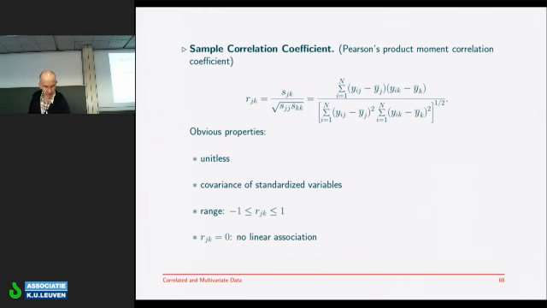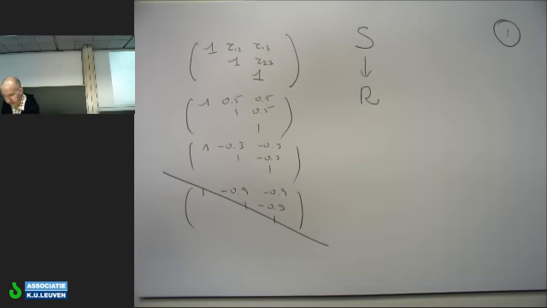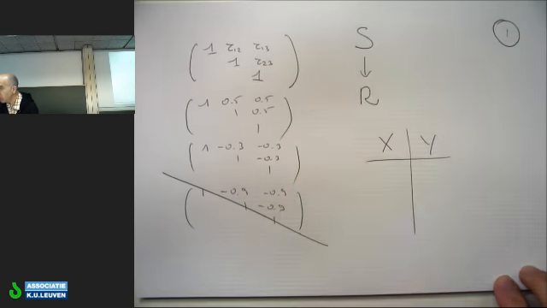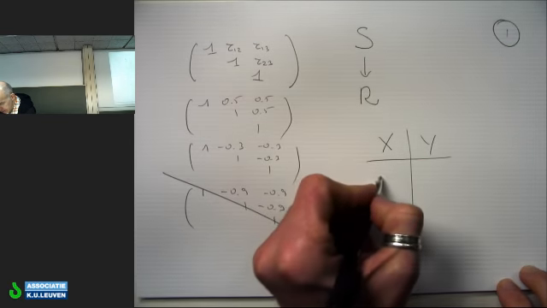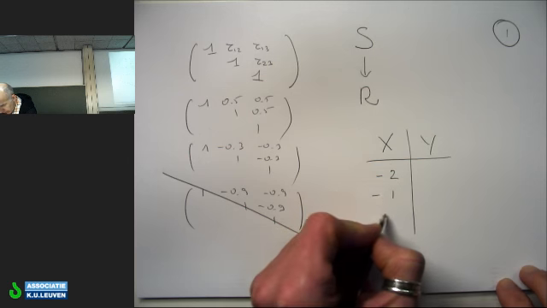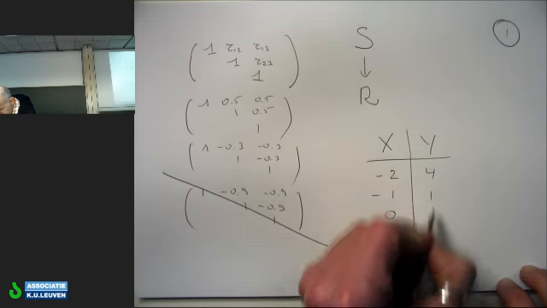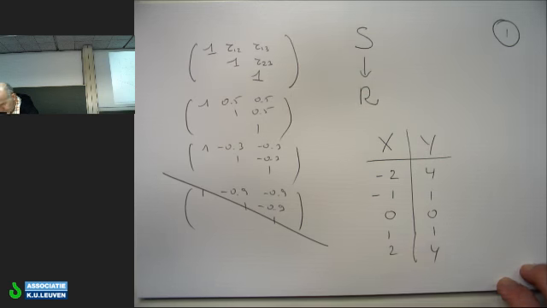And again, I don't want to go too far in that now, but let me give you one very simple example. Suppose I have a variable x and y with only 5 possible realizations, minus 2, minus 1, 0, 1, 2, and y has values 4, 1, 0, 1, 4. Are these two variables correlated?